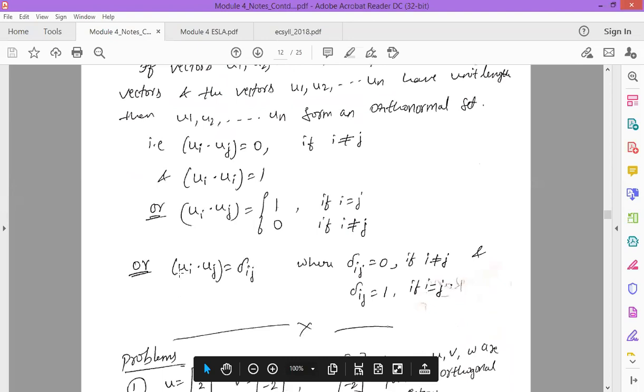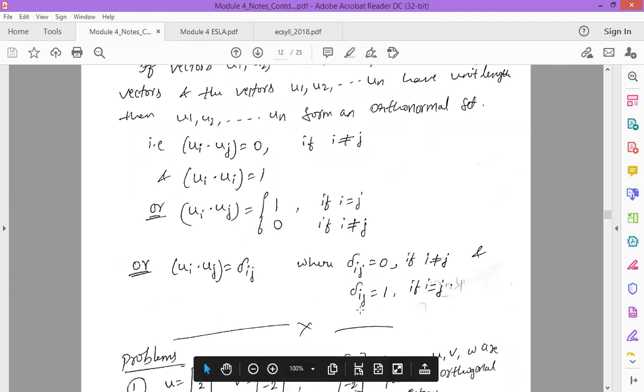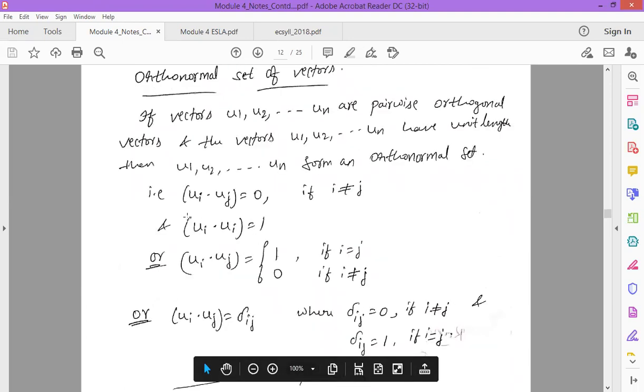Or in terms of delta, ui dot uj is equal to delta ij, where delta ij is 0 if i is not equal to j, and 1 if i is equal to j. This condition has to be used to check whether the given set of vectors are orthogonal pairs or not.